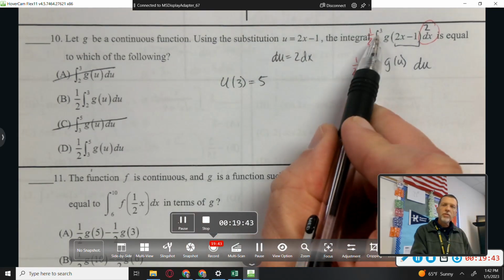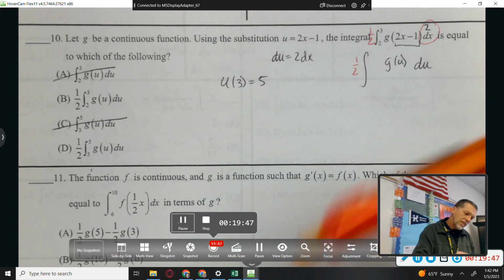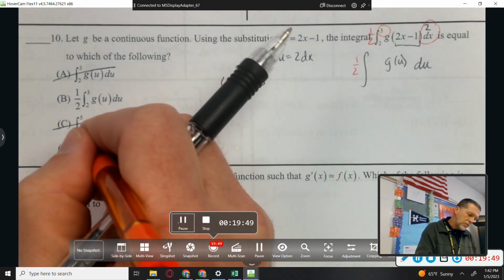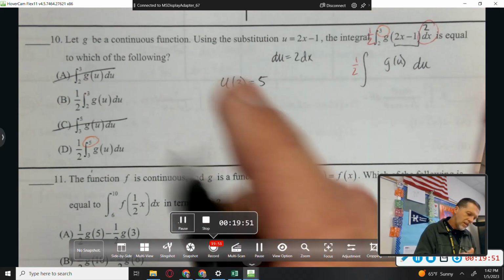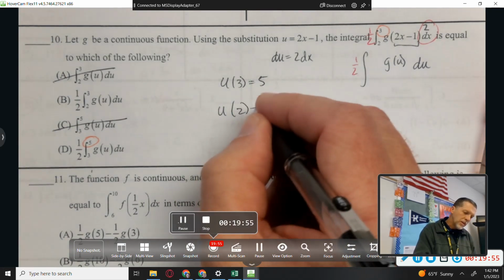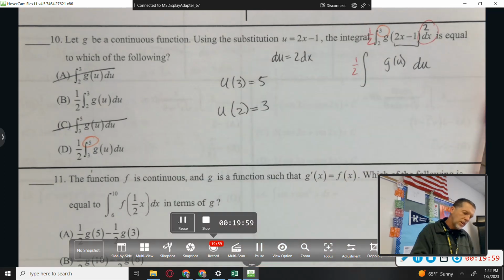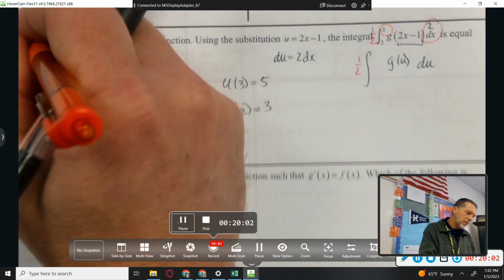U of 3, if I plug in 3, I get 5. So that top limit should be 5, which is enough to tell me it's answer D, but I plug in the bottom limit. 4 minus 1 is 3. That's the bottom limit. So it's answer choice D.